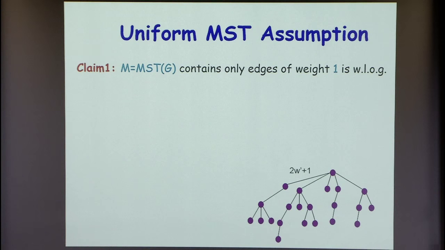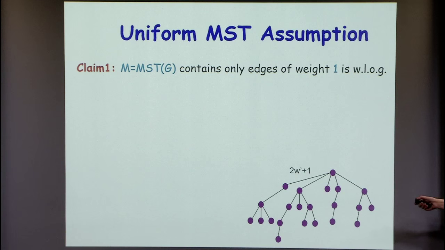Okay, so I see that I have enough time. I will just show the two claims that I used in the construction. The first claim is that we can always reduce to the case, without changing much the number of nodes and the weights, where the weights of the MST are all 1.